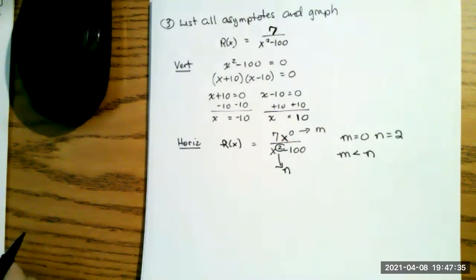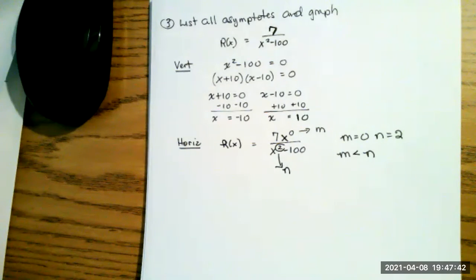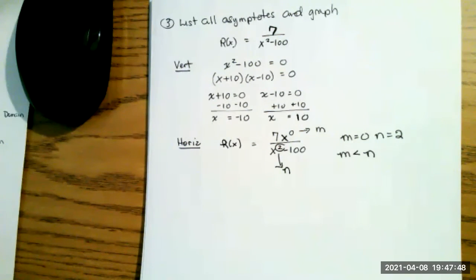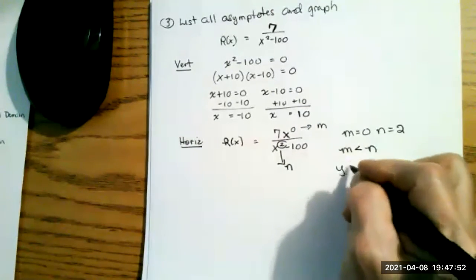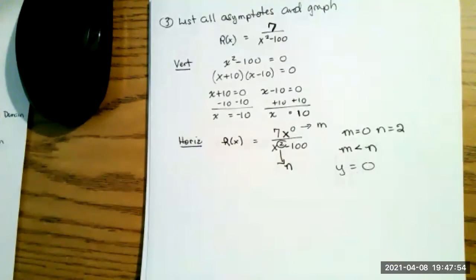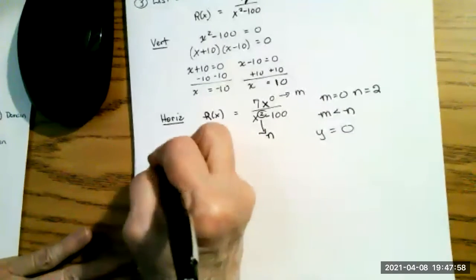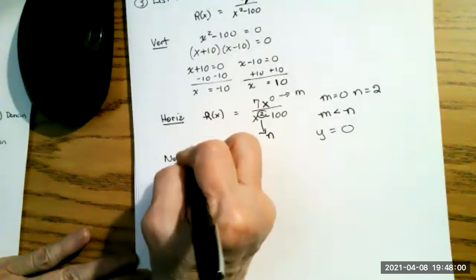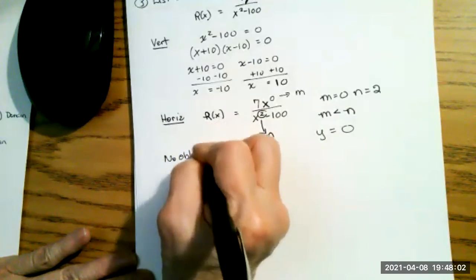Now look at your little asymptote sheet and see what it says when m is less than n. What does it say? y equals 0. y equals 0 is your horizontal asymptote. And there's no oblique because you have a horizontal one.